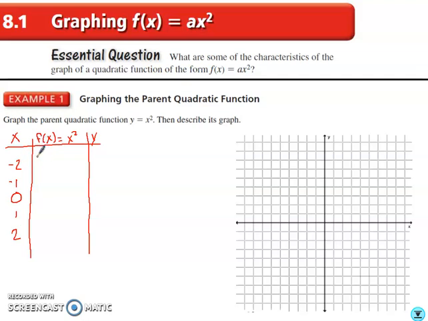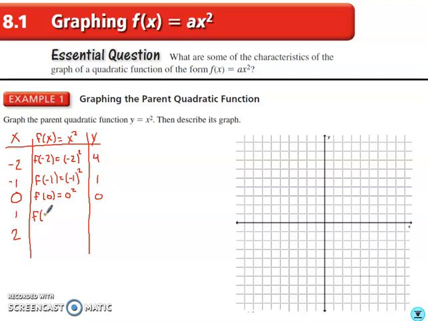So if I put in a -2, f of -2 is -2 squared, which means that I get a +4. Plugging in a -1, f of -1 is -1 squared, which means I get a +1. f of 0 is 0 squared, which means I get 0.